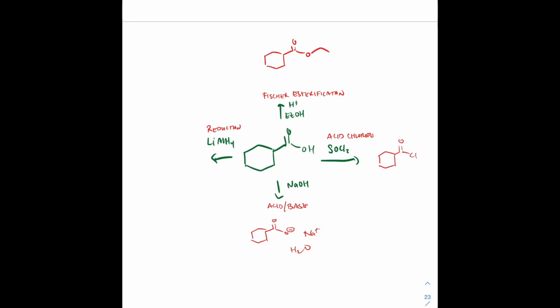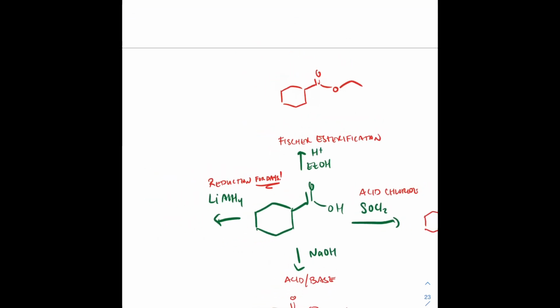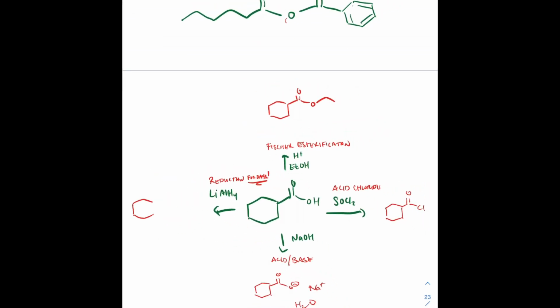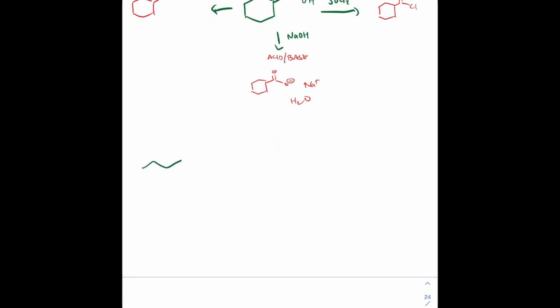Lithium aluminum hydride, we saw this a couple chapters ago, is just a reduction. Remember, lithium aluminum hydride reduces everything, including carboxylic acids to an alcohol. So although we should know the mechanism, this type of stuff should also come very quickly to us.